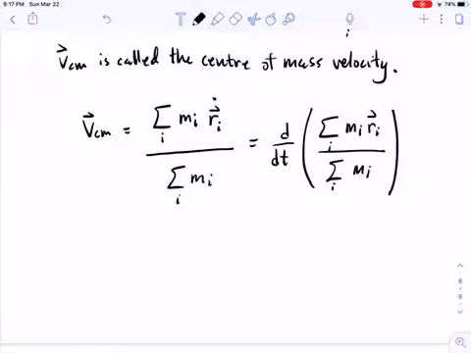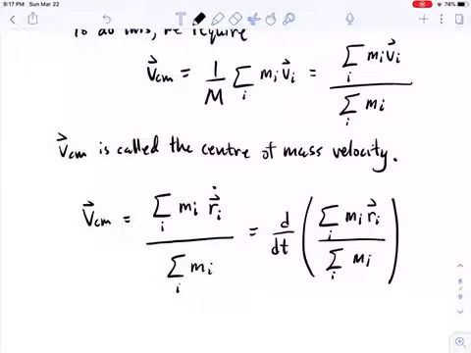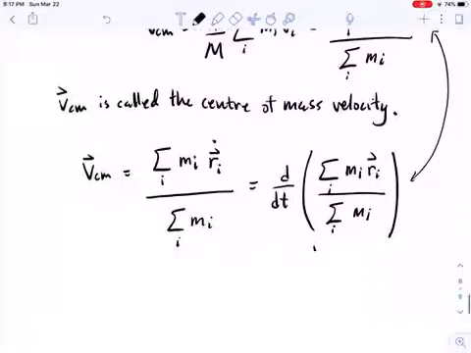Okay, but these two expressions have pretty similar form. One is a sum of m times velocity divided by the sum of m, and the other is a sum of m times a position vector divided by m. This thing in brackets is the center of mass position.